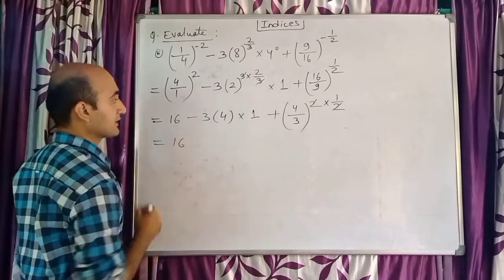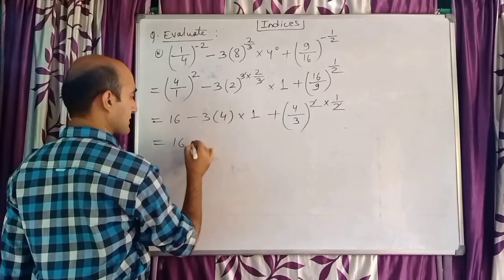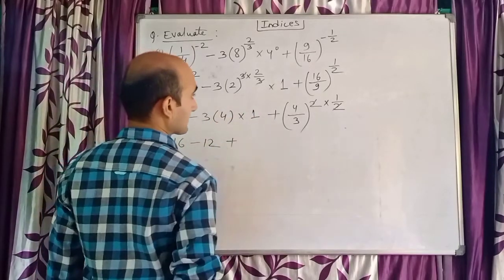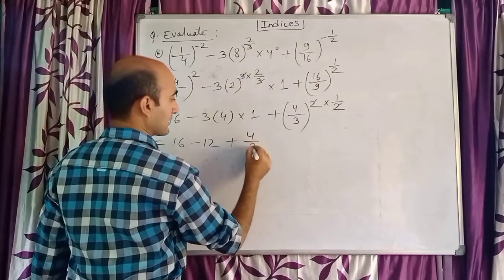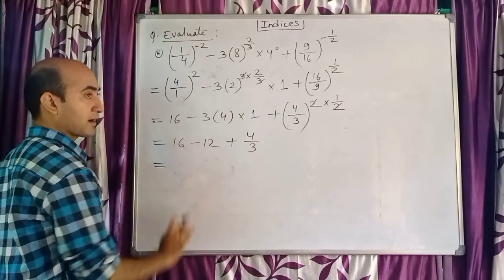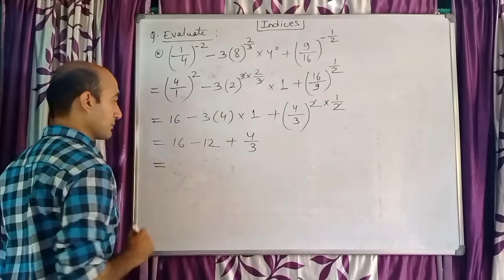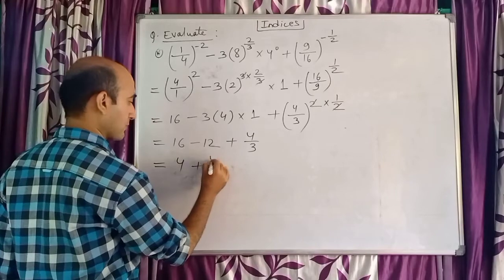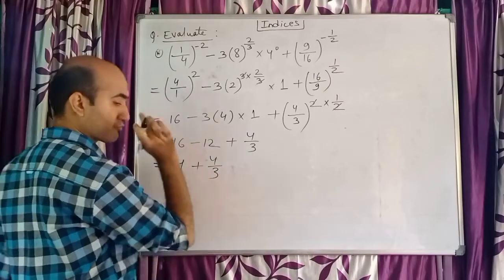Now multiply these three numbers. 3 4s are 12, 12 1s are minus 12, plus now 4 by 3 to the power 1 is the number itself, 4 by 3. Now first of all, these two numbers are the ones which we can subtract. So 16 minus 12 you subtract, it is 4 plus 4 by 3. So one is non-fractional, one is fractional.